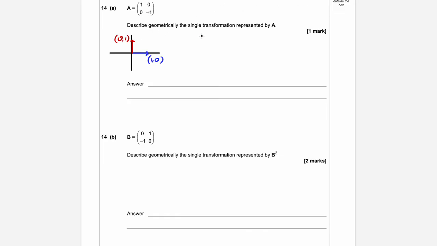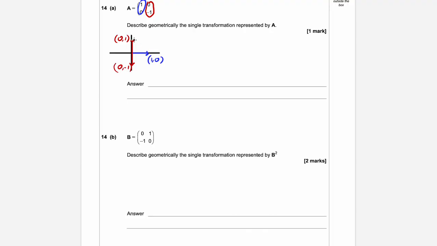So what happens is this first guy stays the same, and the second guy has now gone to 0, minus 1. So look, this is the blue guy, my 1, 0, and the red guy has gone to 0, minus 1. So the blue guy stays the same, and the red guy goes down to here, 0, minus 1.